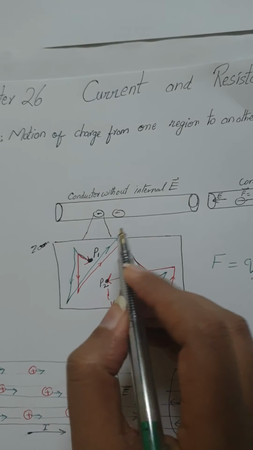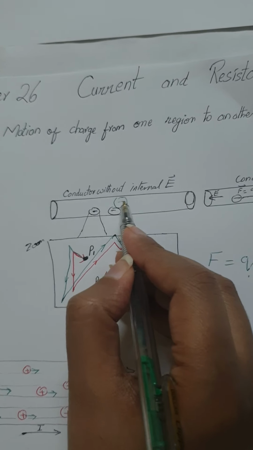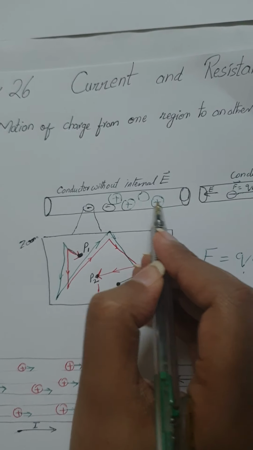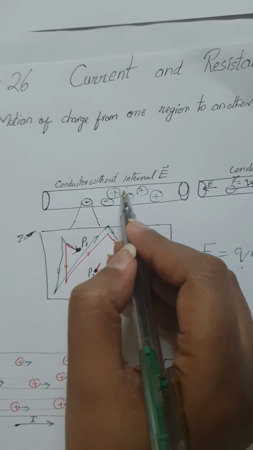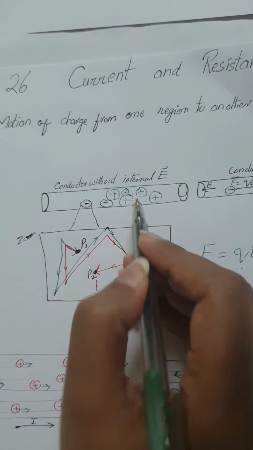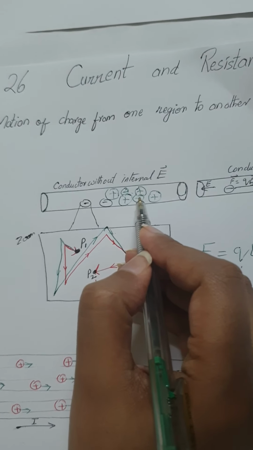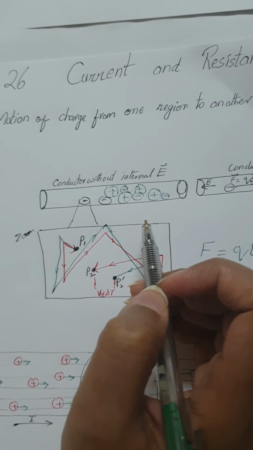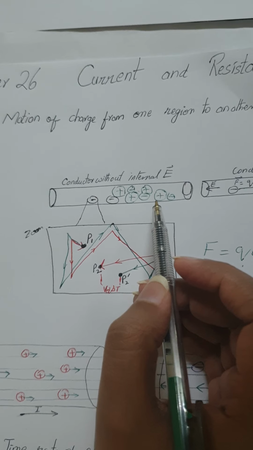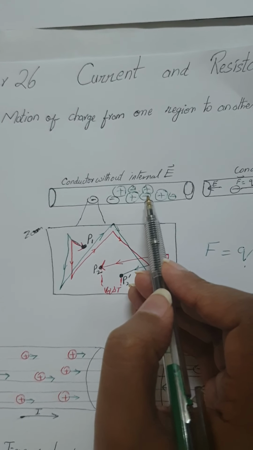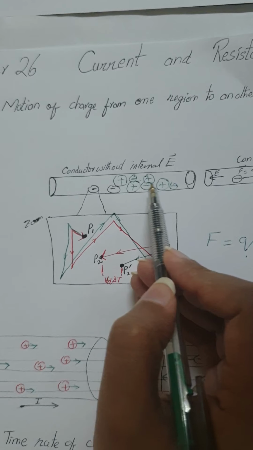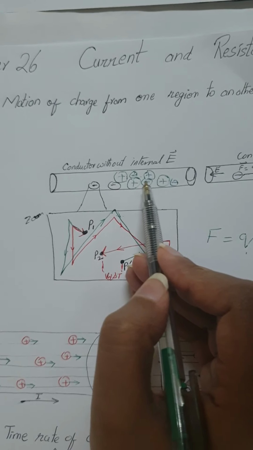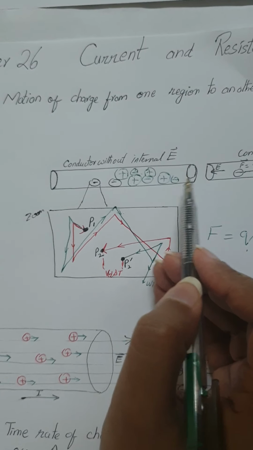So here in this conductor, there are also positive charges. Ions are fixed, and these electrons, or the negative charged particles, move randomly in the conductor.